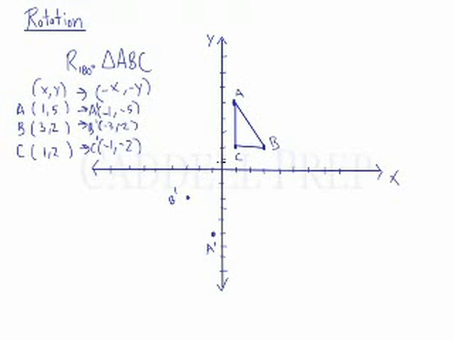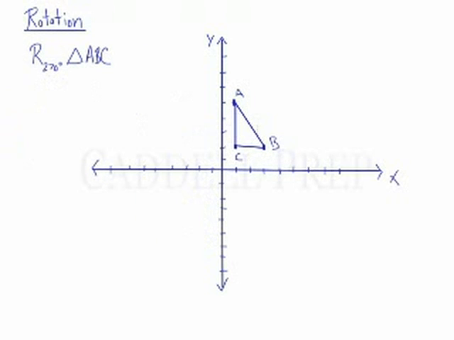And C prime is negative 1, negative 2. So let's connect these dots and make our triangle A prime, B prime, C prime. And now we have the image of triangle ABC when it's rotated 180 degrees.